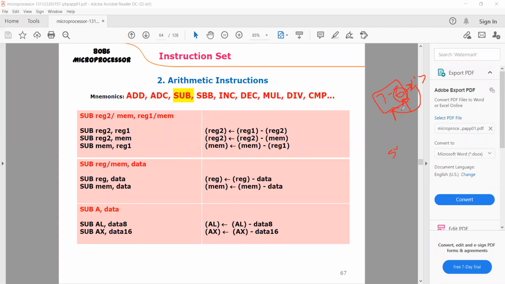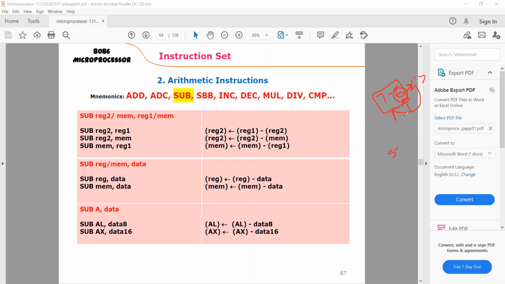So this entire process is called 2's complement subtraction. You might have studied this in your digital logic design. You know 2's complement subtraction, 1's complement subtraction, 9's complement subtraction, 10's complement subtraction, right? So you might have studied different types of subtractions.